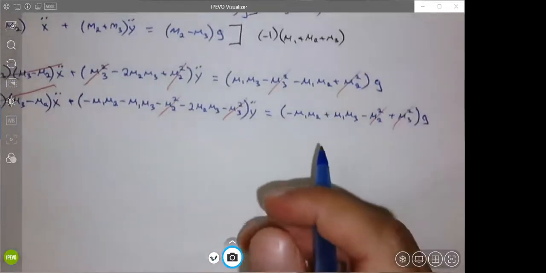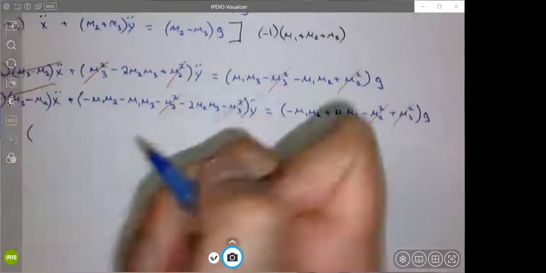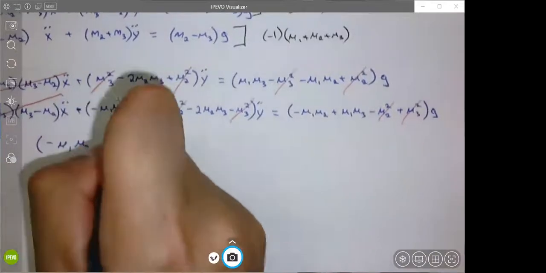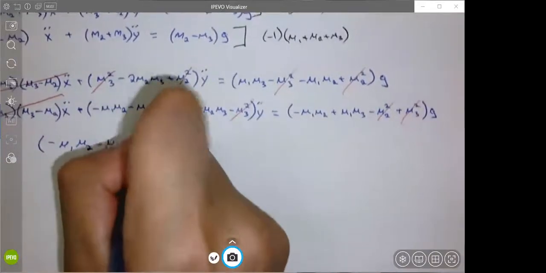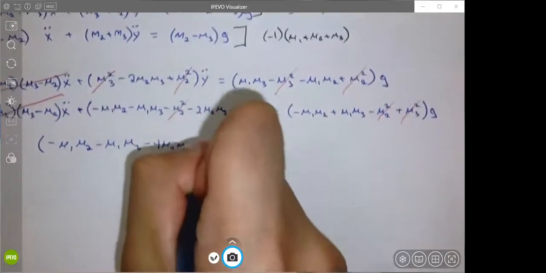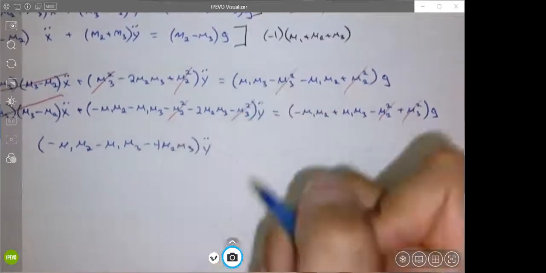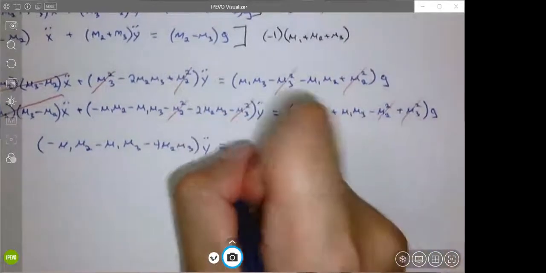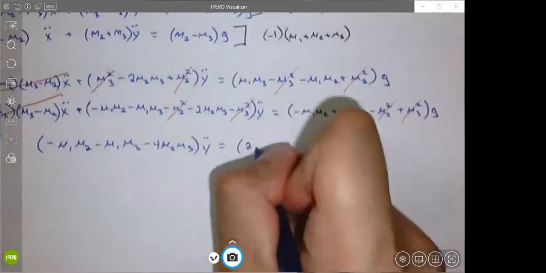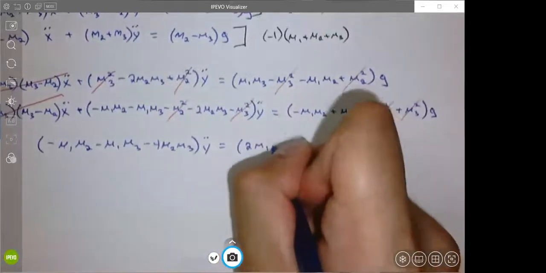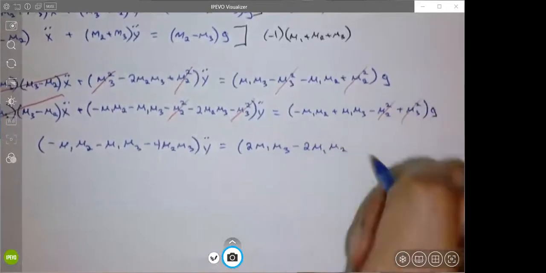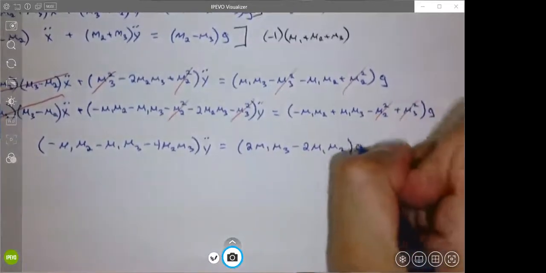We have parentheses negative m1 m2 minus m1 m3 minus 4 m2 m3 times y double dot, and that's going to equal this side right here cleaned up, and that'll be 2 m1 m3 minus 2 m1 m2 multiplied by g.